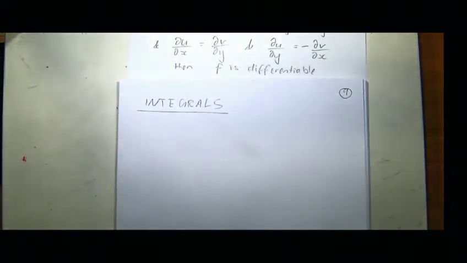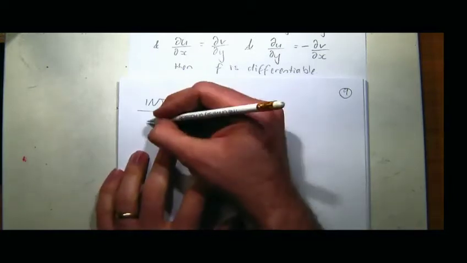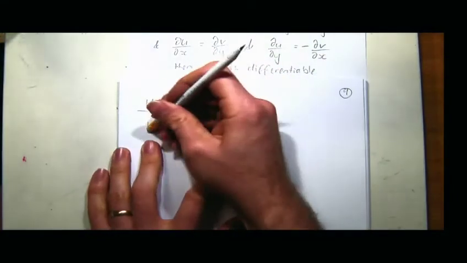Integrals are awesome because they behave almost always the same as integrals for ordinary real numbers. And the best way to do this is to define it by example. So here's the thing.